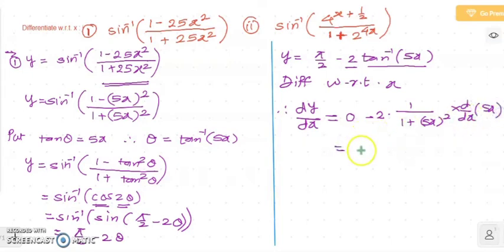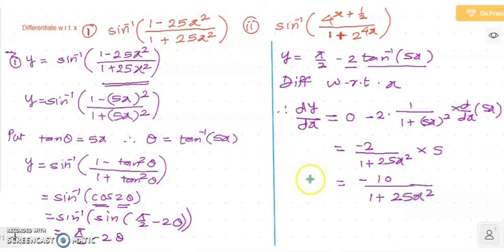So 0 minus 2 upon 1 plus 25x square, into d by dx of 5x, which is 5. So finishing this answer as minus 10 upon 1 plus 25x square.